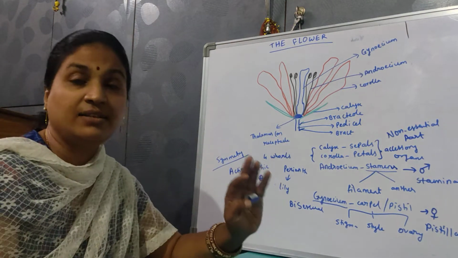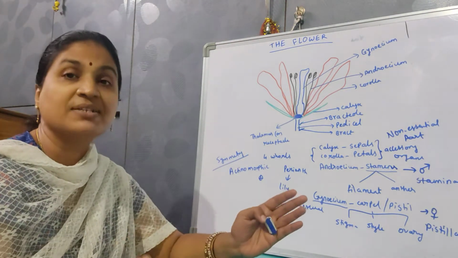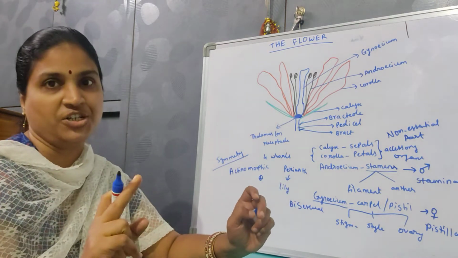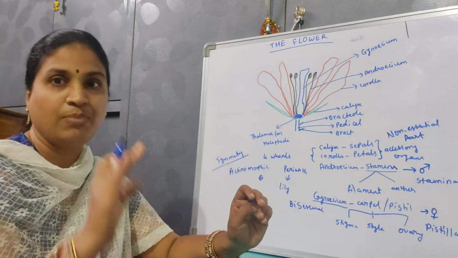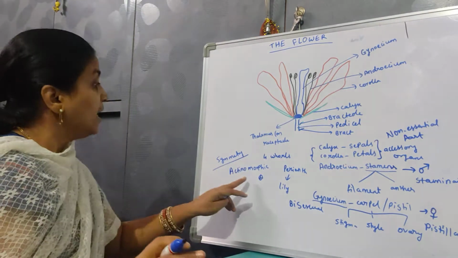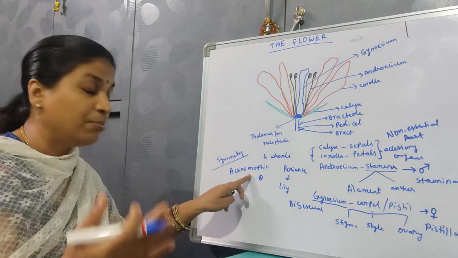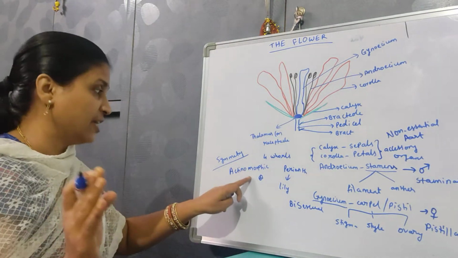In any direction, any plane, if we can cut into two equal halves, that is actinomorphic.